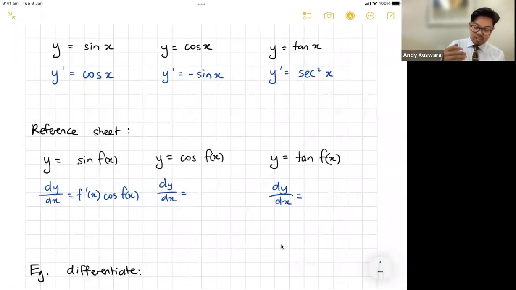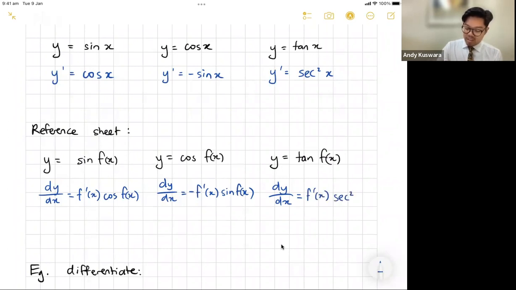When we differentiated cos, we got negative sine, but this time we bring the derivative of our function out the front, and then we get negative sine of f(x). And for our last one, you guessed it, we have an f'(x), but instead of sine or cosine, we have sec squared of our function. Those are your derivatives.